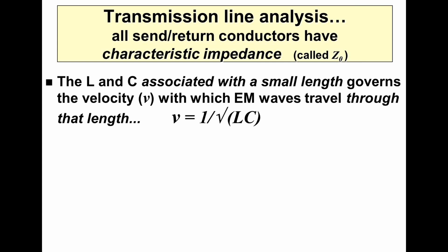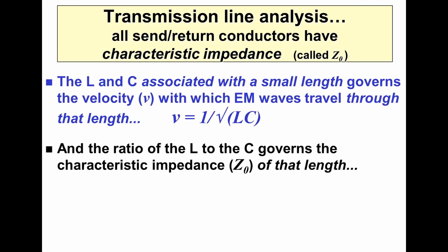The inductance and capacitance associated with a small length govern the velocity with which the waves travel through that length. It's 1 over the square root of LC, which is like the 1 over permeability times permittivity that we had earlier. The ratio of L to C governs the characteristic impedance, root L over C. Compare this with what we had with permeability and permittivity earlier on. It's exactly the same.